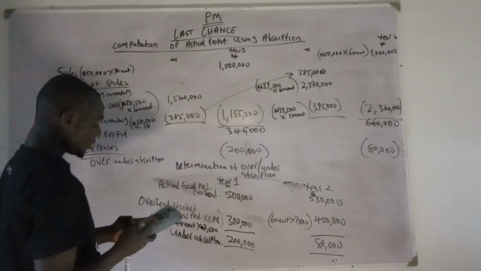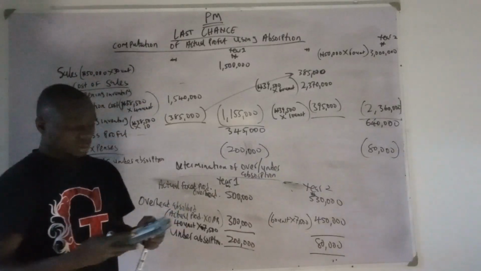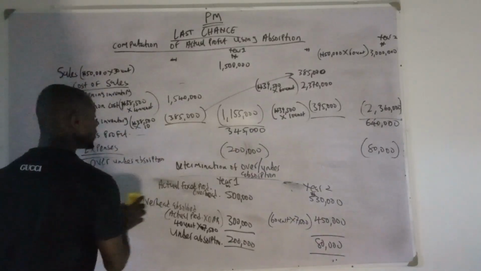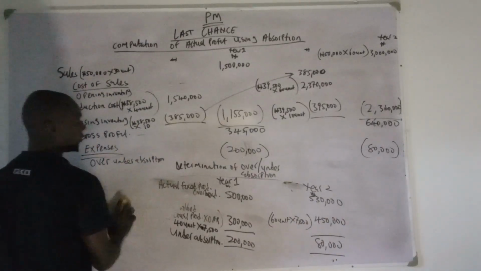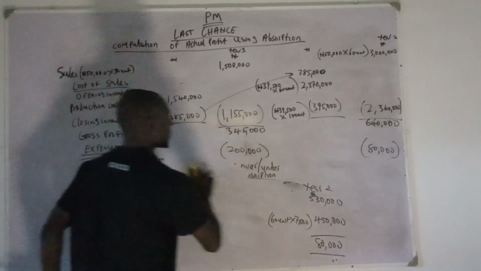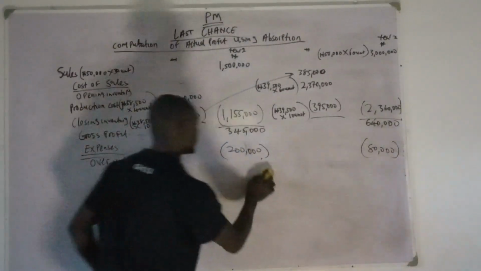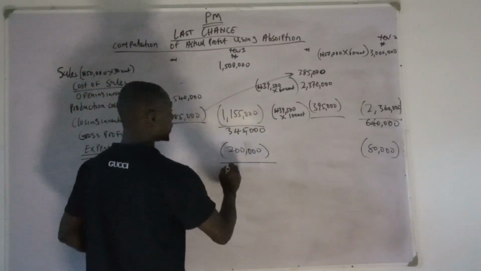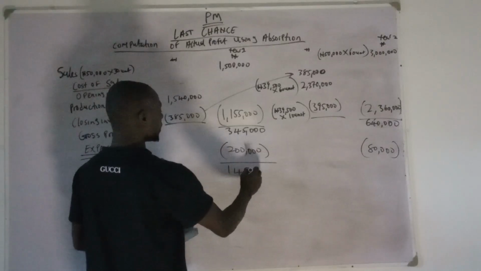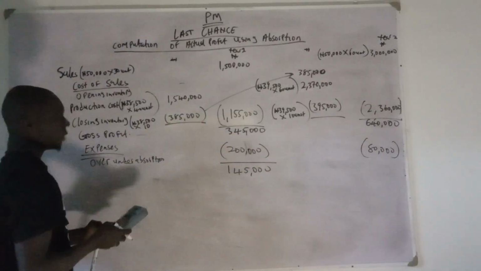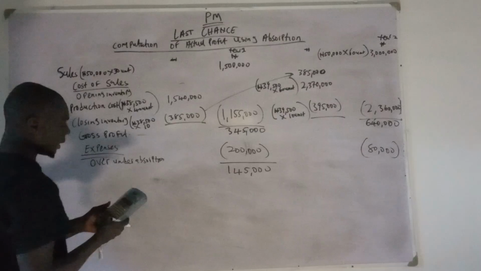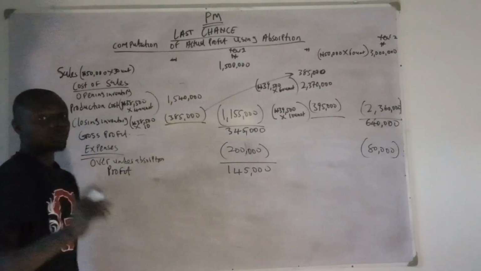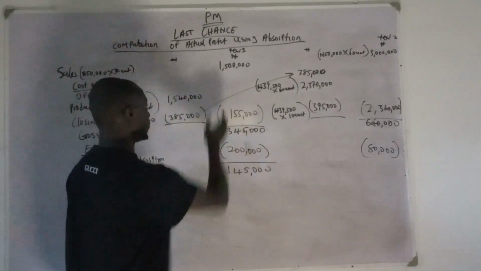So I need to clean this part. This is 145,000. Okay? This is 145,000, and this is the profit, the actual profit for the year.